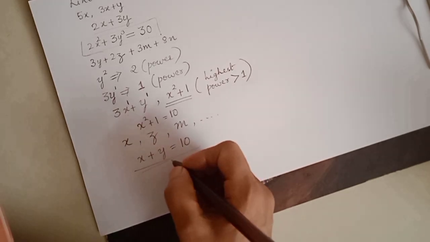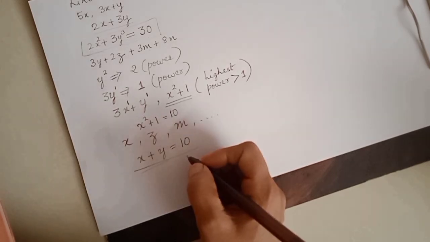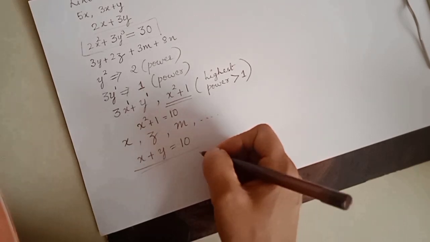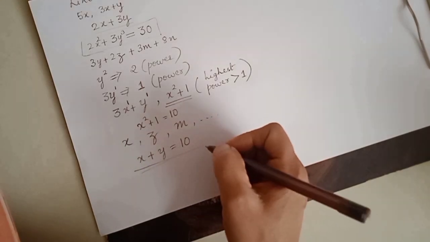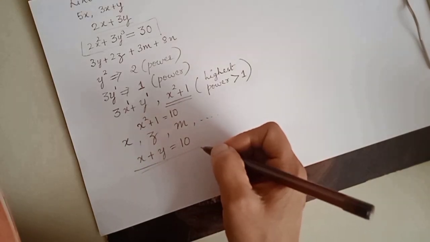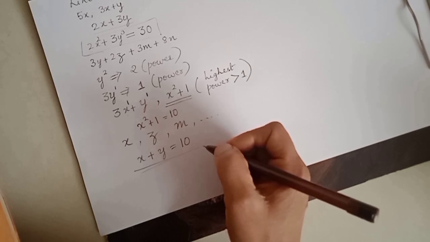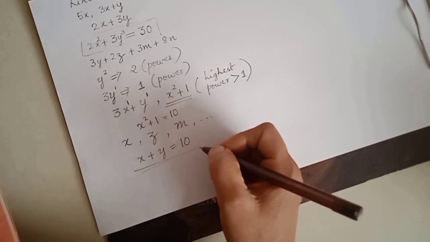But in this chapter you are going to learn the linear equations only in one variable. So in this video I am going to explain to you the whole lesson and two exercises, the problems completely. I'll solve the problems of the two exercises.